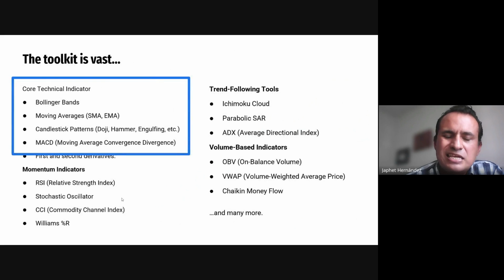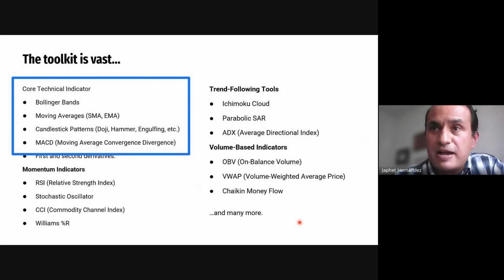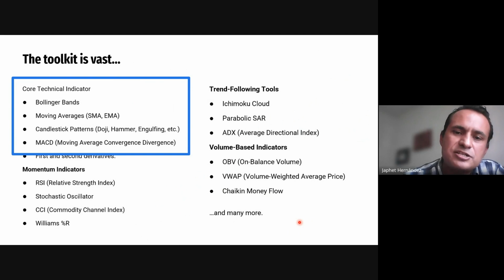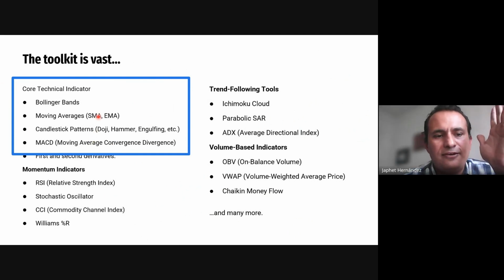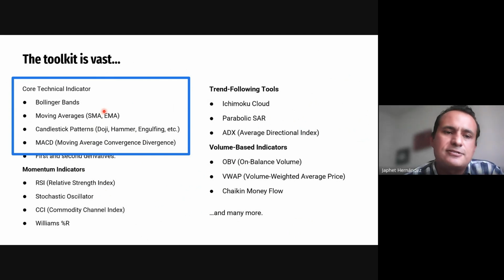So, to be honest, the toolkit is vast. Here in this screen, we can see that there are many more of them. But right now, for this project, I focused on five main kits, the core technical indicators. I used Bollinger Bands for triggering the primary signals, as well as candlestick patterns.